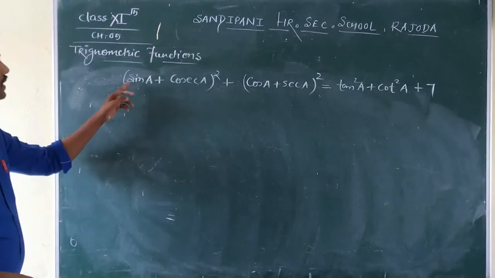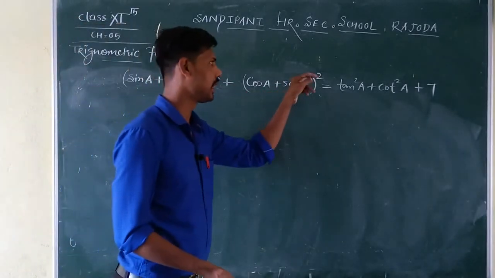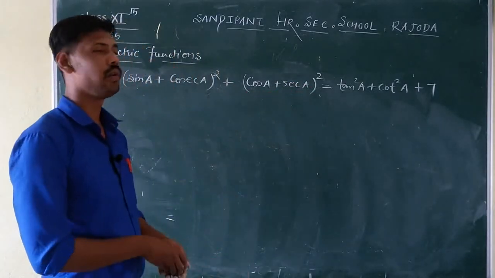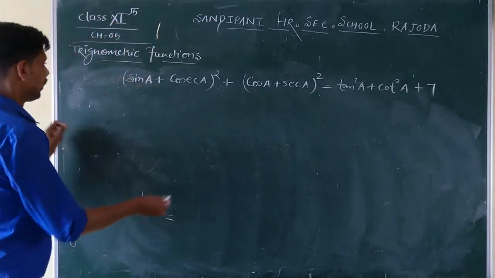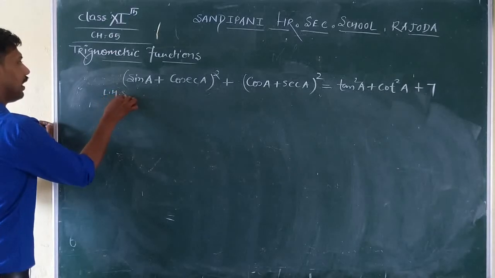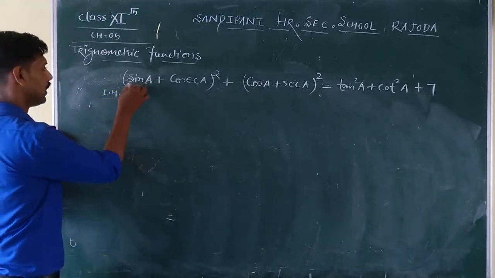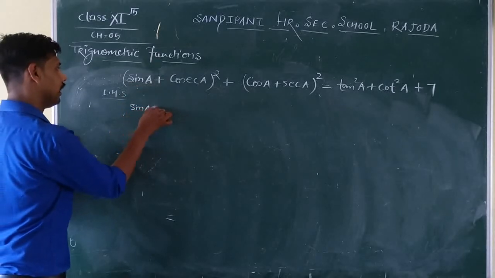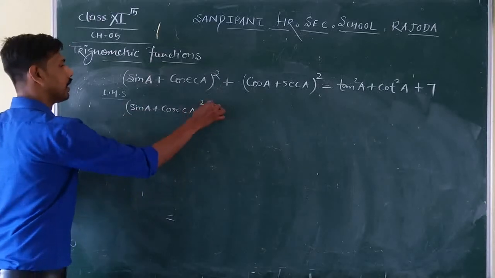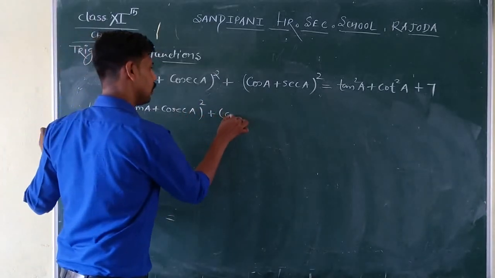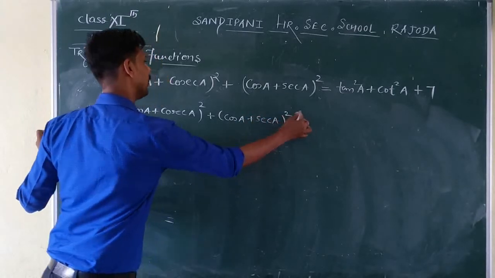Students, next question: (sin A plus cosec A) whole square plus (cos A plus sec A) whole square will be equal to tan square A plus cot square A plus 7. Now we take the LHS. What is the demand of the question? Prove that. So we take LHS: (sin A plus cosec A) whole square plus (cos A plus sec A) whole square.